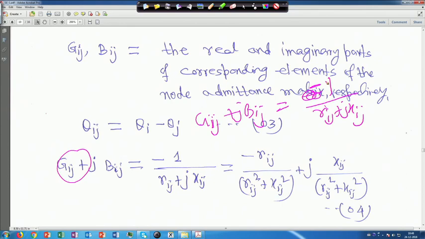Now, as r is neglected, r should not be there here, so g also should not be there, because g is given by this expression and r is equal to 0.